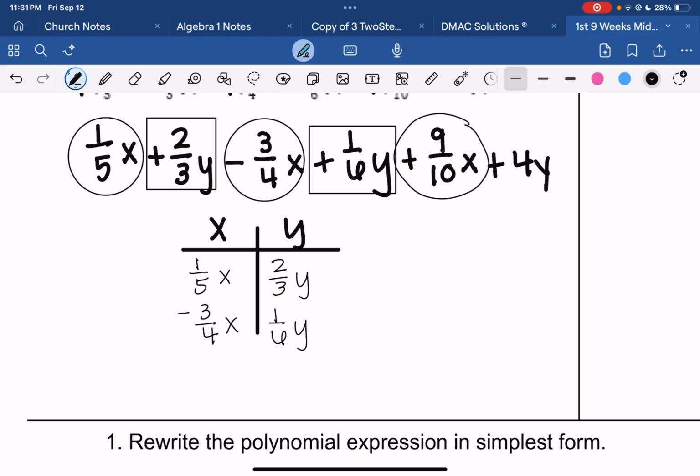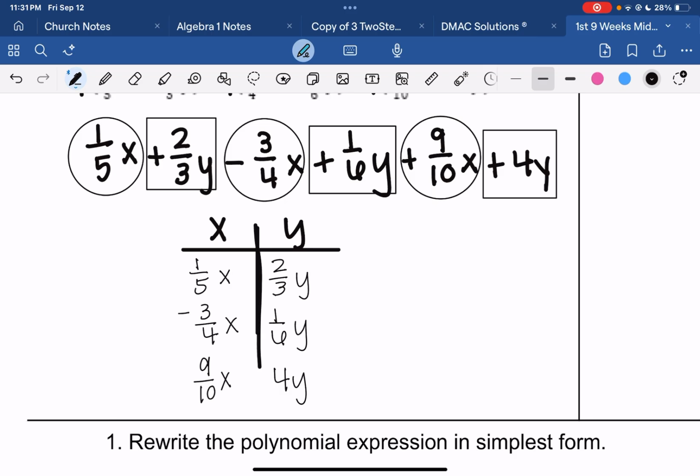Your 9 over 10, and then your 4y. So you just organized all of it, kind of like how we organize with solving, but now you just created a column. Then, guys, all you do is add.